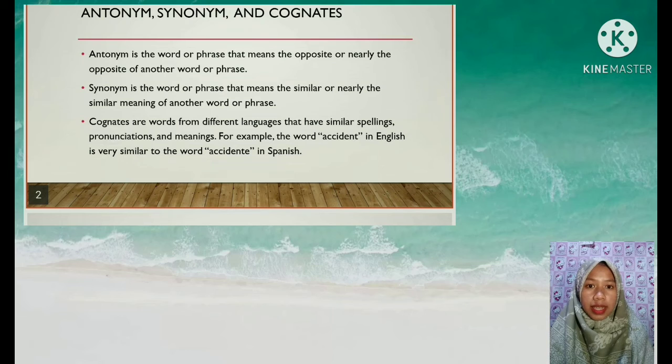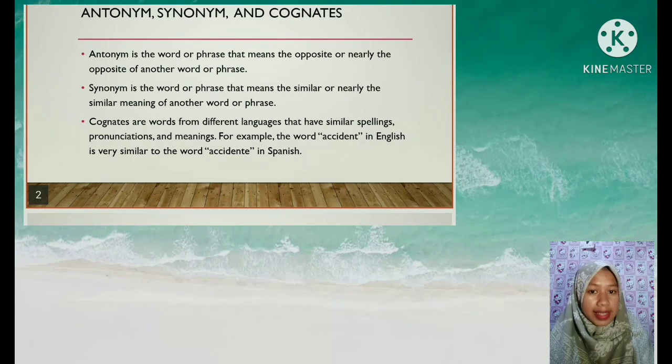One card has the English cognate and the other has the Spanish cognate. For example, in English, family; in Spanish, familia; in English, center; in Spanish, centro; in English, radio; in Spanish, radio; in English, class; in Spanish, clase; in English, dessert; in Spanish, postre; in English, magic; and in Spanish, magia.